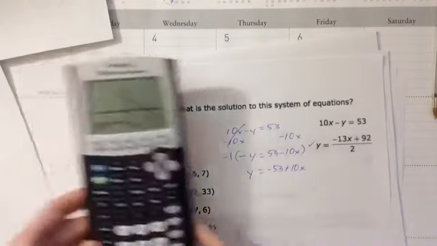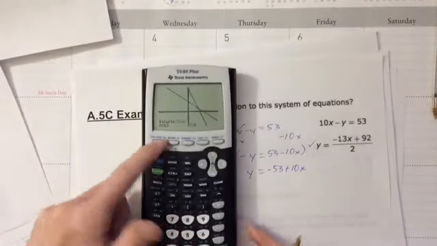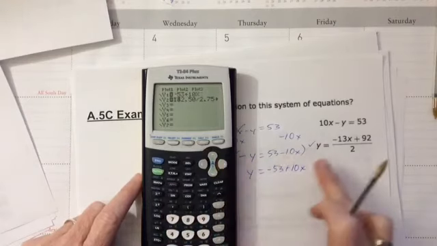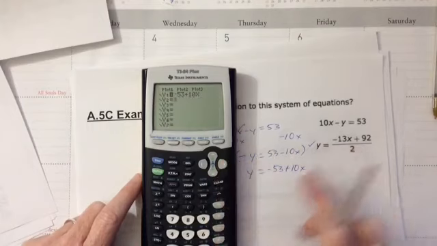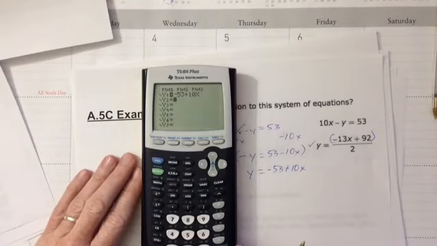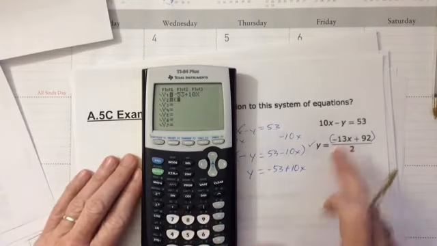Let's put these in and get done. Y equals, we have negative 53 plus 10x. Enter. Clear that out. And I'm going to put parentheses here just for safety, but I think it might work better with them.